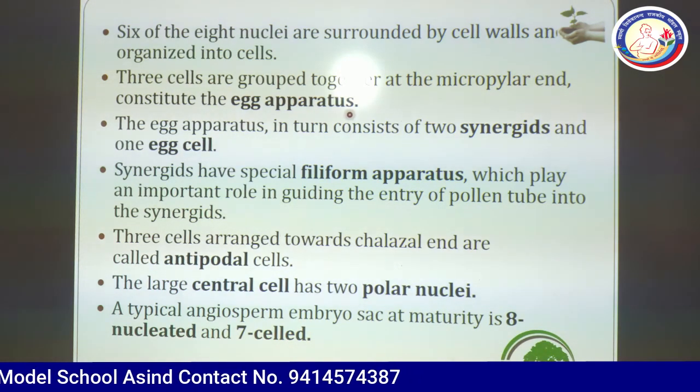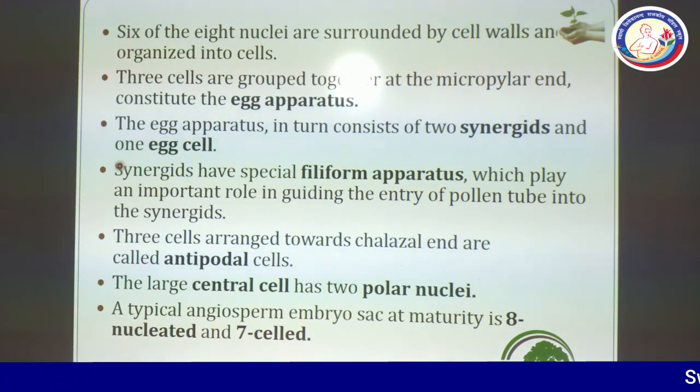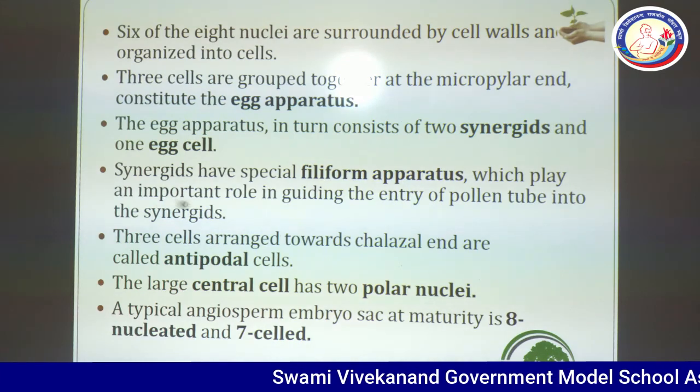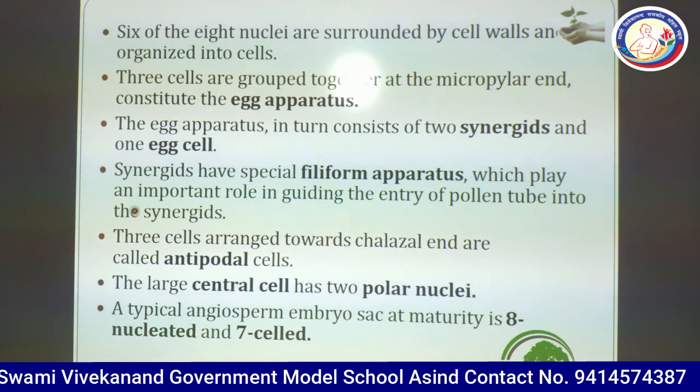The center cell is called the egg cell and the surrounding 2 cells are called synergids. Synergids have a special filiform apparatus which plays an important role in guiding the entry of the pollen tube into the synergid.